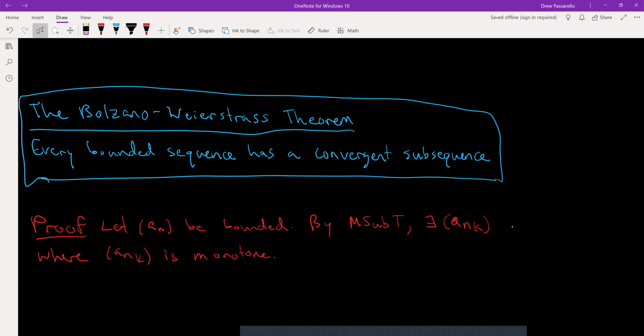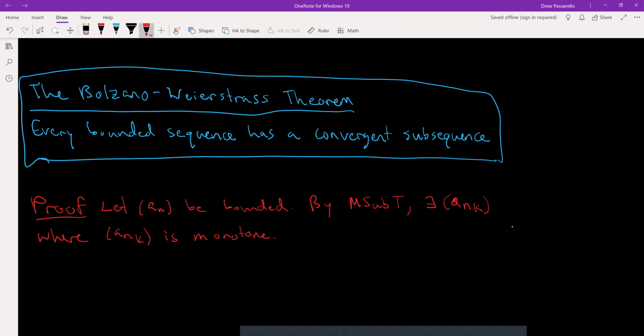So since our sequence a_n is bounded, so is our subsequence a_{n_k}.